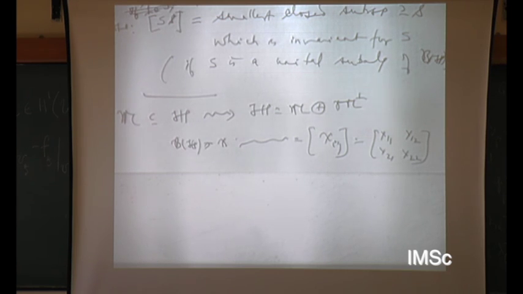From M to M. And X12 will be from M perp to M and so on, right?